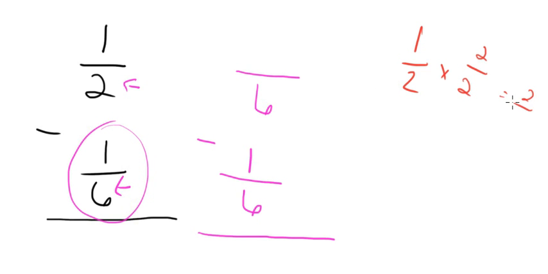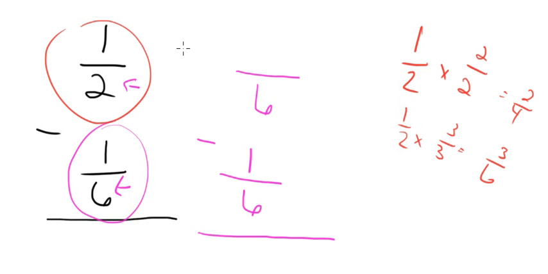And that would give me 2/4. Or I can take that 1/2 and multiply it by 3 over 3, and that will give me 3/6. Now remember, I started with 1/2. I ended up with 2/4 and 3/6, but when I reduce these down, what do they reduce down to? Yeah, they reduce down to half. Both of them reduce down to 1/2, because these are equivalent fractions.